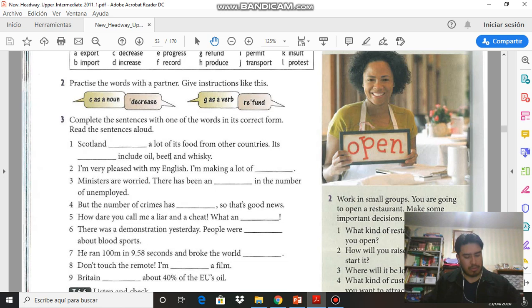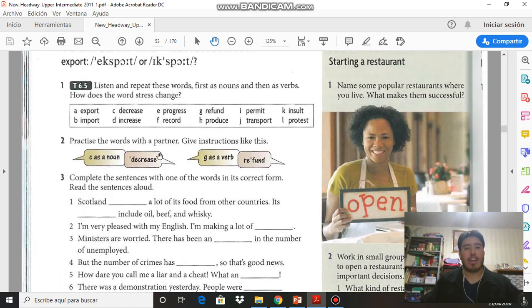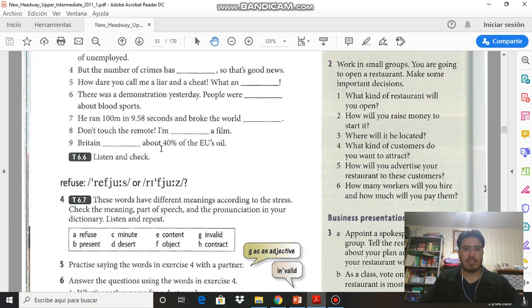Its exports, because this is a noun, includes oil, beef, and whiskey. So you need to continue doing the same with the rest of the sentences using the corresponding word. And we're going to check, of course, the intonation of these words depending of their function in the sentence, if they are nouns or if they are verbs.